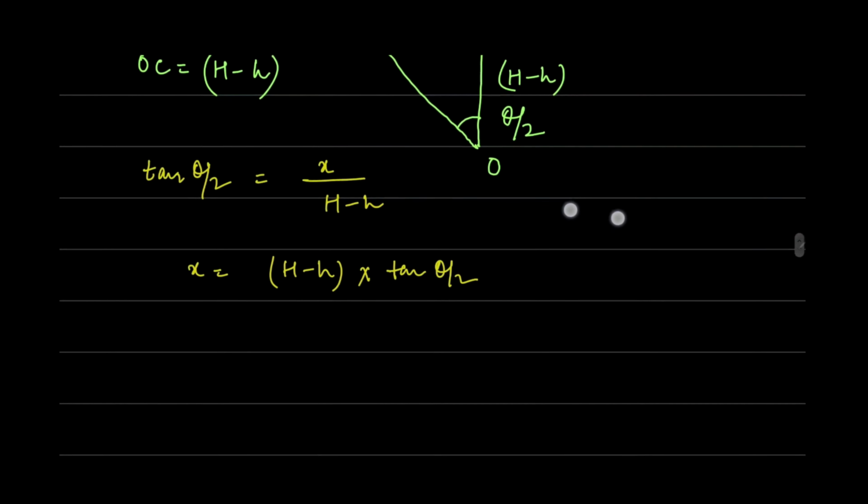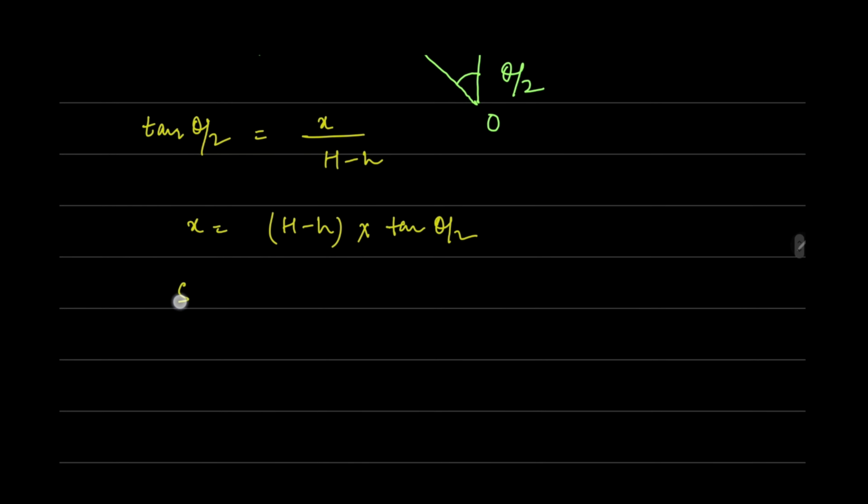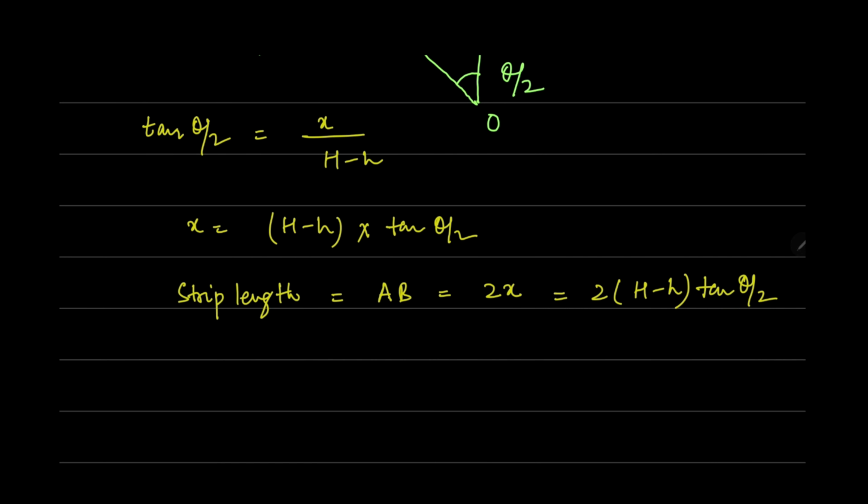So the overall strip length is AB, and this AB is equal to 2 times X. So the total length of the strip is 2 times (H minus h) multiplied by tan theta by 2.